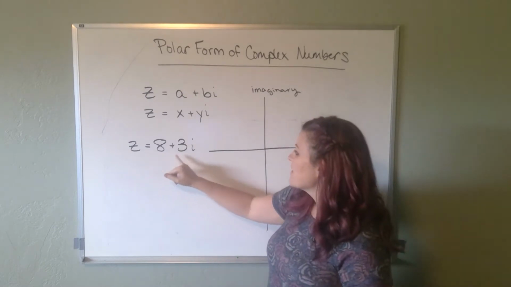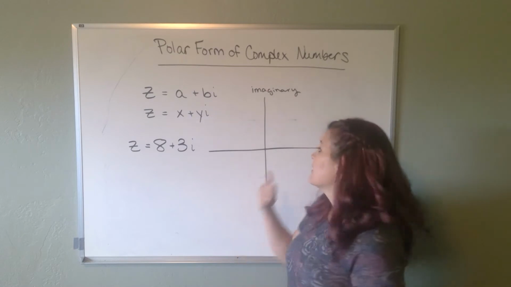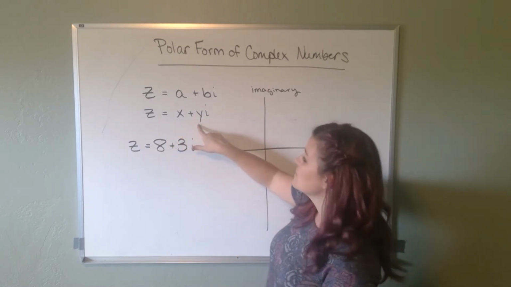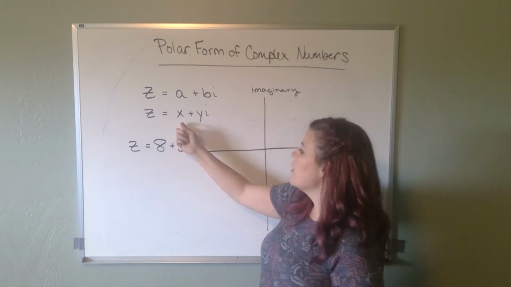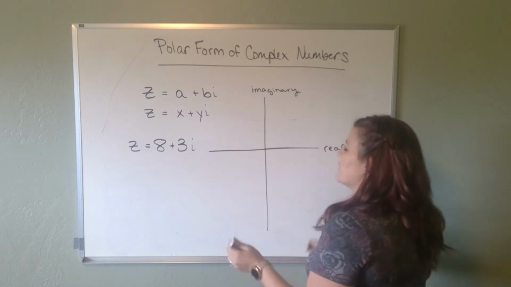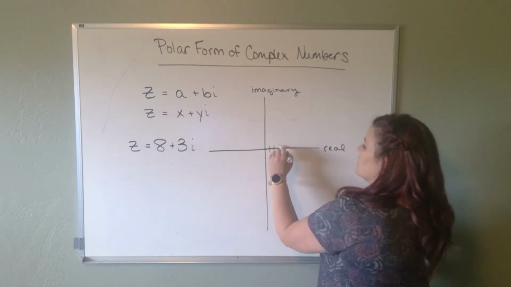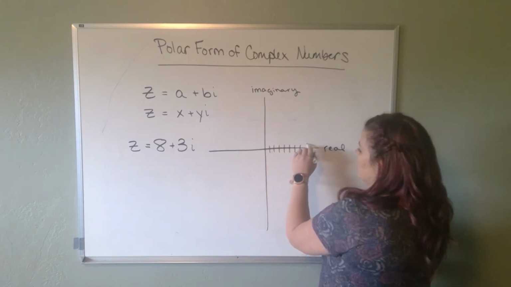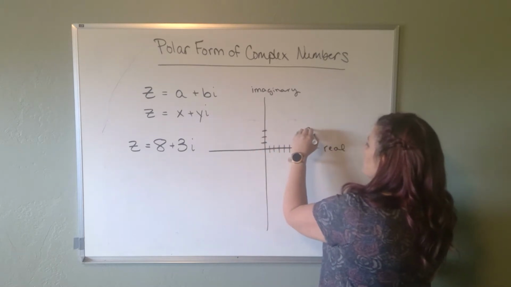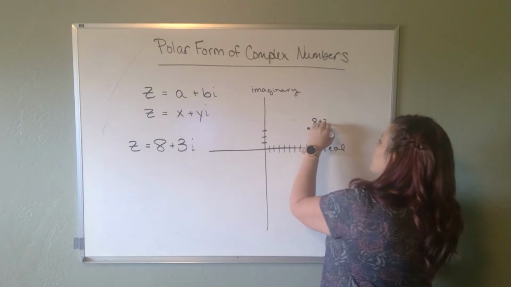So you guys, 8 and 3 are the coordinates that I'm going to plot here. That's why I like to write my complex numbers as x plus yi, because you can say, oh, well, this is x, this is y, and you know how to plot that. So 8, go over 8 on the real axis, go up 3 on the imaginary, and you have your point 8 plus 3i.